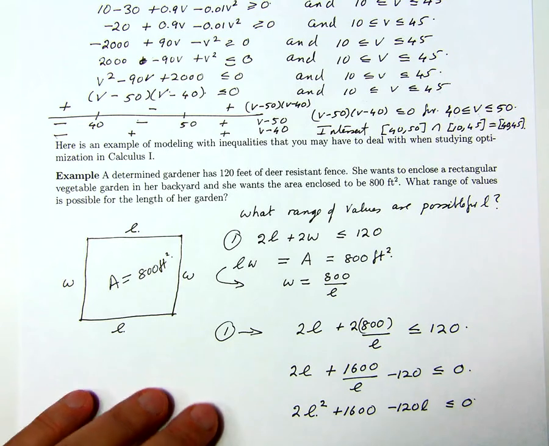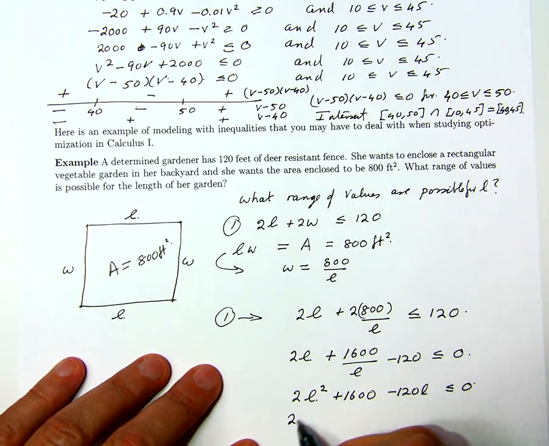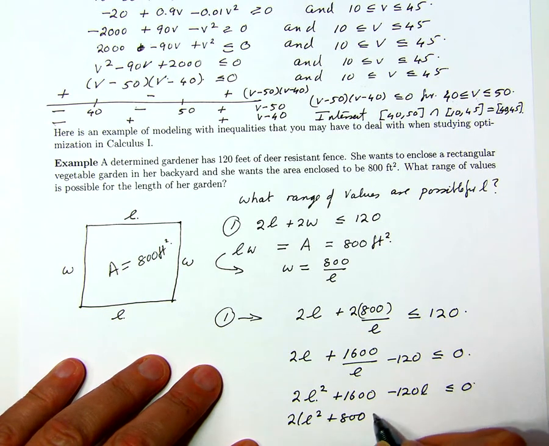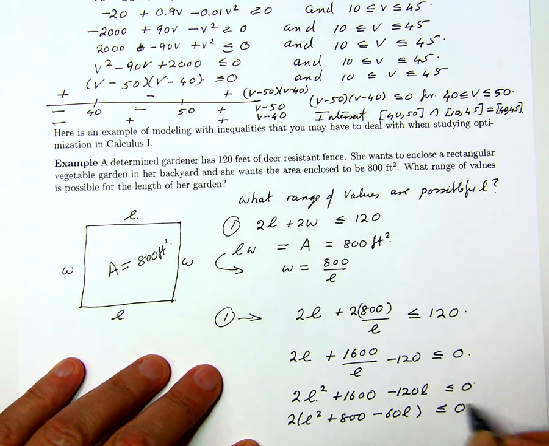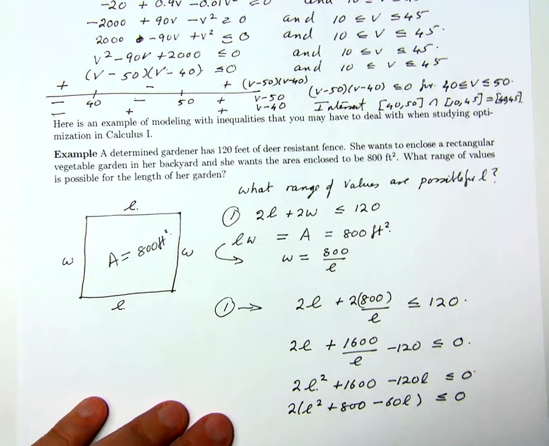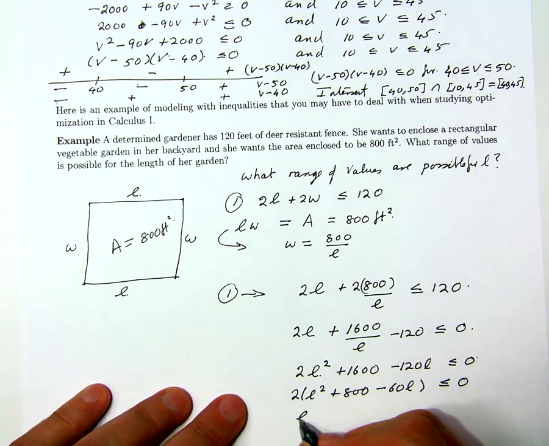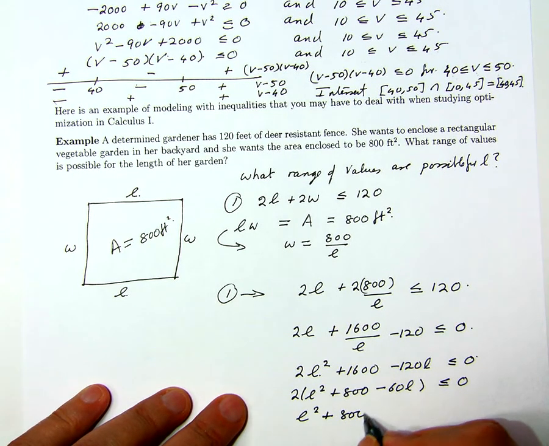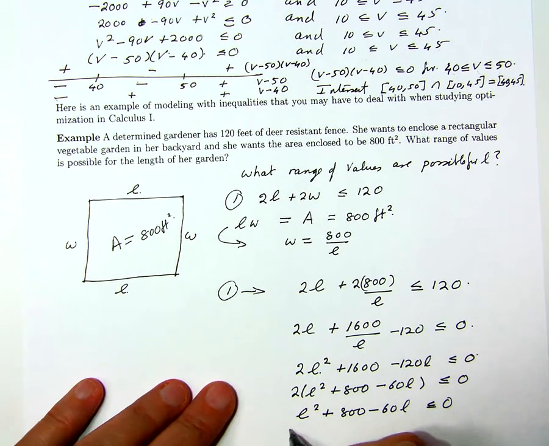Now I'm going to pull out that 2, and I get 2 times L squared plus 800 minus 60L is less than or equal to 0. Dividing across by 2, I get an equivalent constraint, L squared plus 800 minus 60L less than or equal to 0.